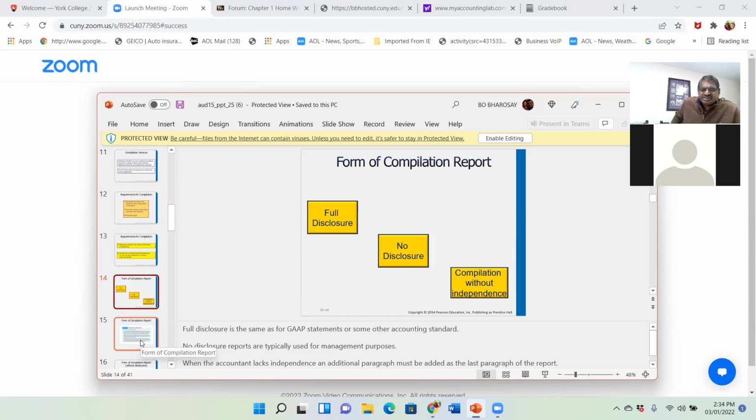For very small businesses that need a small loan from the bank for whatever purpose, maybe the owner wants to buy a house, they're getting a mortgage. The bank wants to determine if they should qualify for the mortgage. So the bank would like to know what their income is.